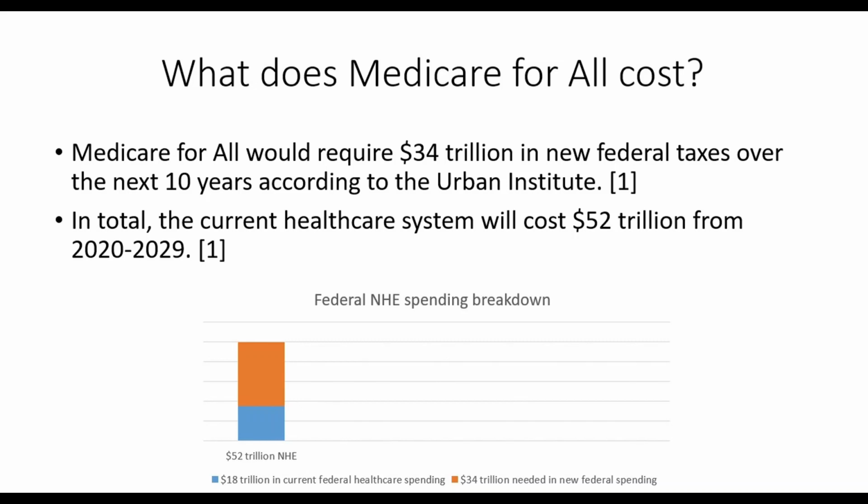The $34 trillion number is representative of new tax receipts. If you look at this little chart that I've compiled, over the next 10 years the federal government will probably already spend $18 trillion on healthcare. So we can deduct that from the $52 trillion, which leaves us with the $34 trillion we need in new taxes and revenue for the government.